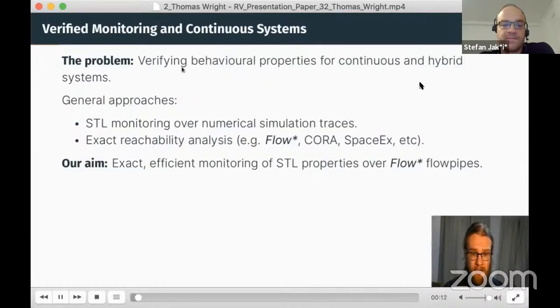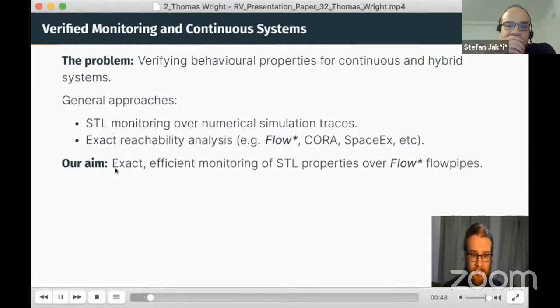The problem we will be interested in is verifying behavioral properties of a continuous or hybrid system. Two popular approaches are first the STL monitoring over numerical simulation traces produced via a numerical method, or secondly, applying a reachability analysis tool such as FlowStar, which is usually restricted to a smaller class of reach avoidance property, but gives exact formal verification results.